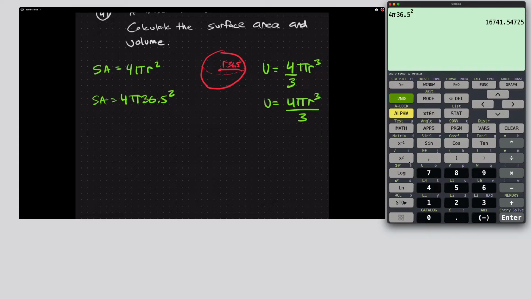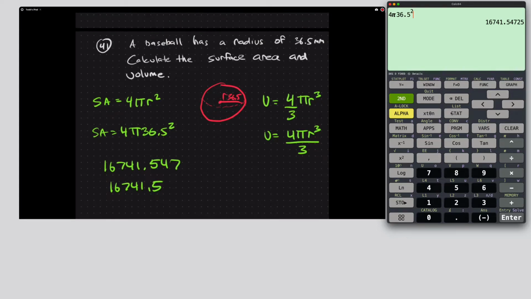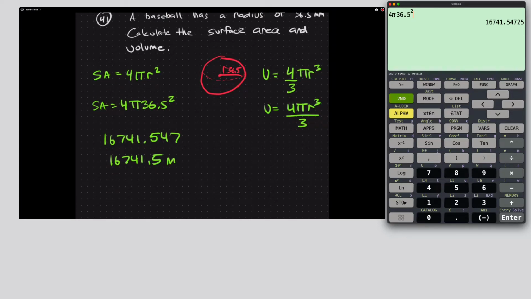We can see we get an answer of 16,741.547. If we're going to round to 1 decimal place, that will be 16,741.5. And don't forget our units. We're talking about millimeters, and because it's surface area, it will be squared.